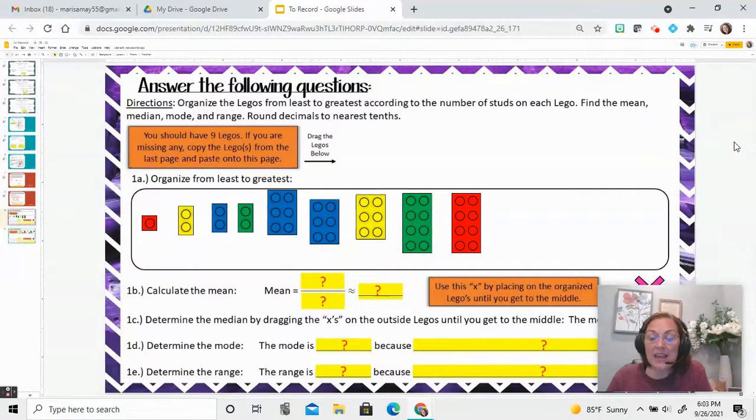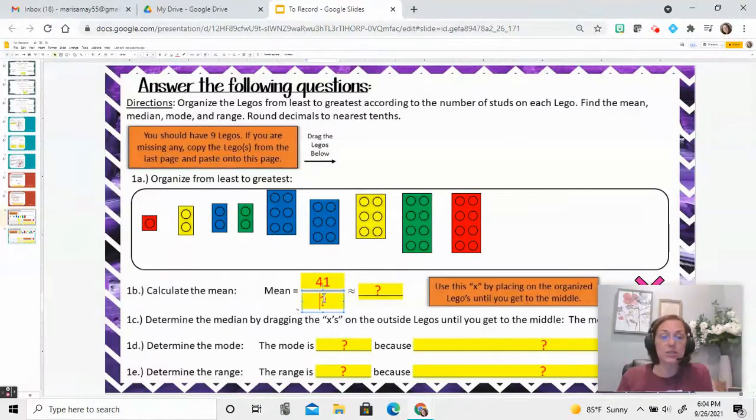Now, when we calculate the mean, remember, we're going to add up all of the studs. So I've got 1, then I've got 3 and 5 and 7 and 13, 19, 25, 33, and 41. So when I'm doing my mean, I'm really doing 41 divided by how many different Legos I had.